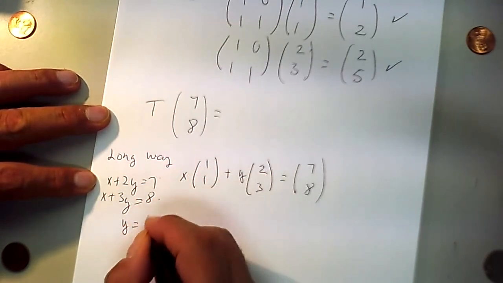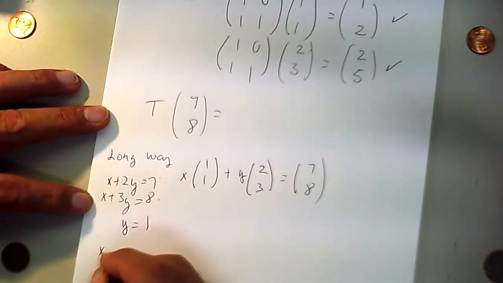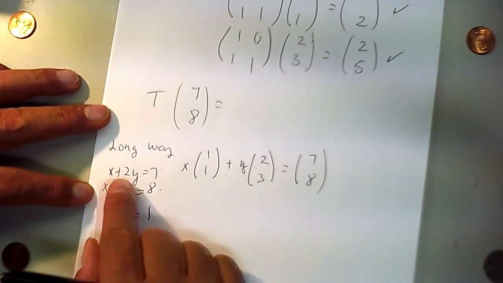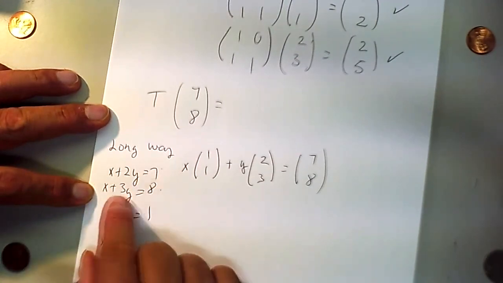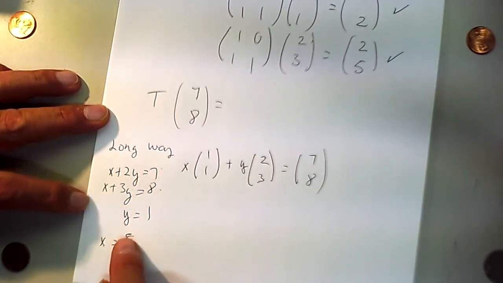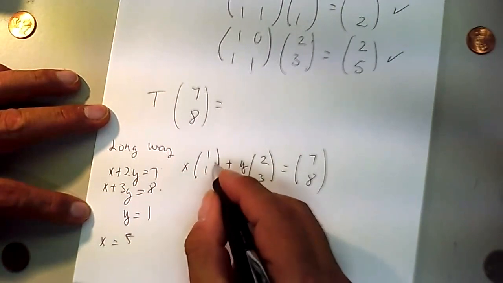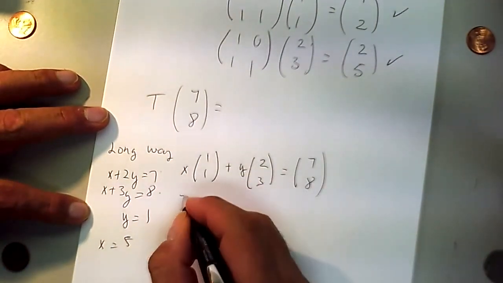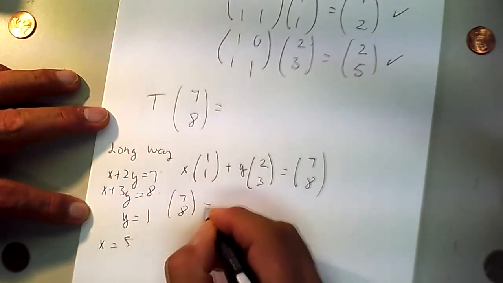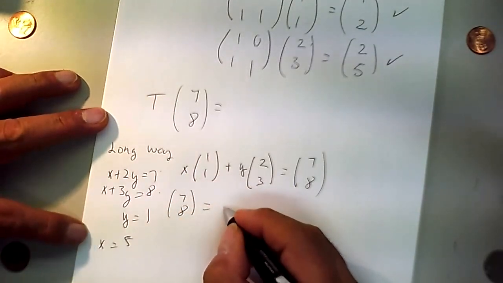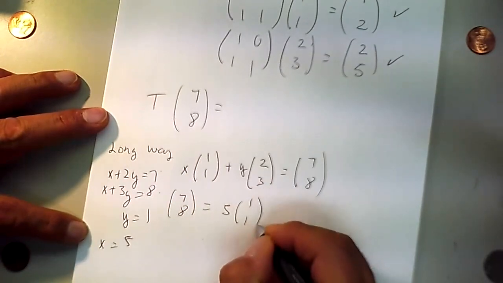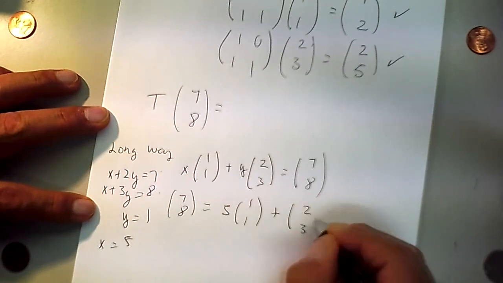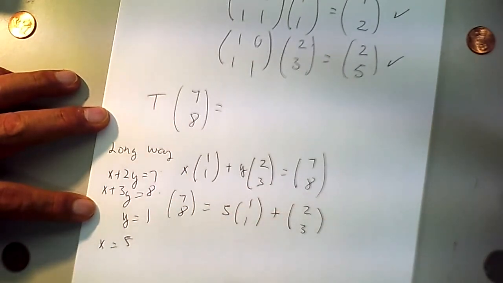So y equals 1. x equals 5. Looking at this, 2 and 5 is 7. Yep. So that means (7, 8) can be written as 5 times (1, 1) plus 1 times (2, 3). Yeah.